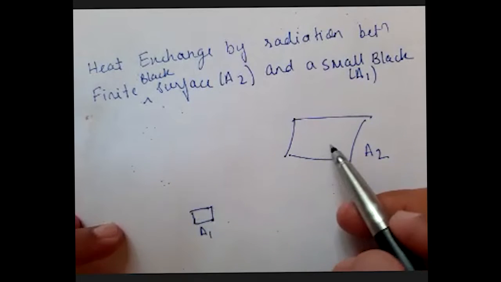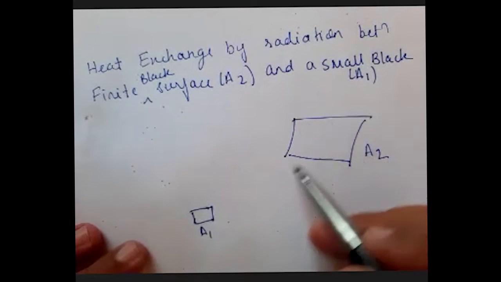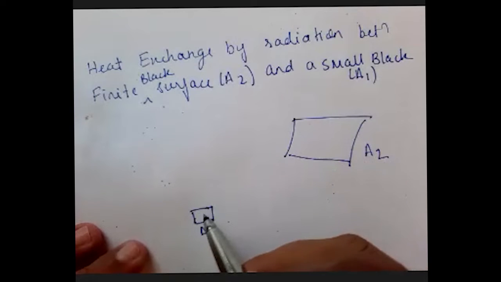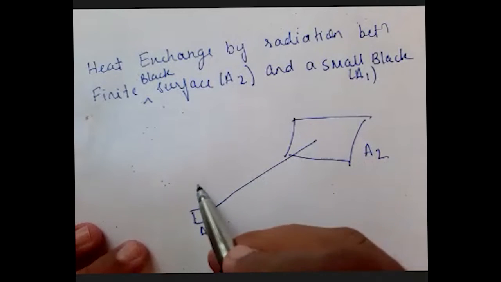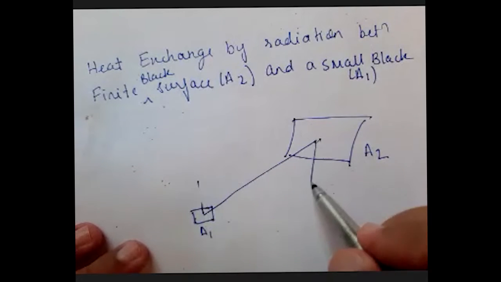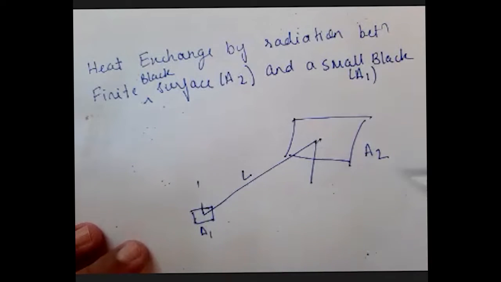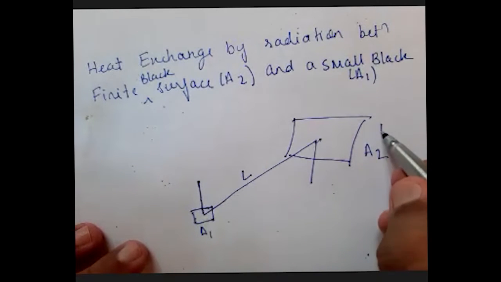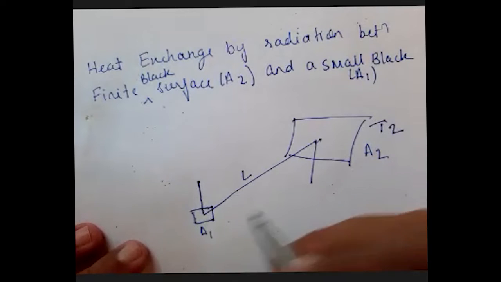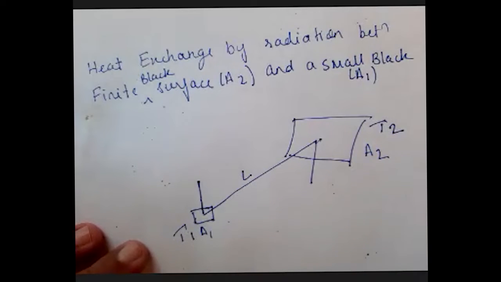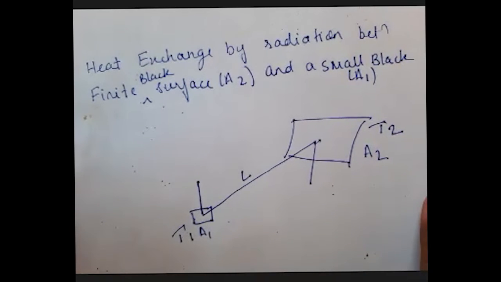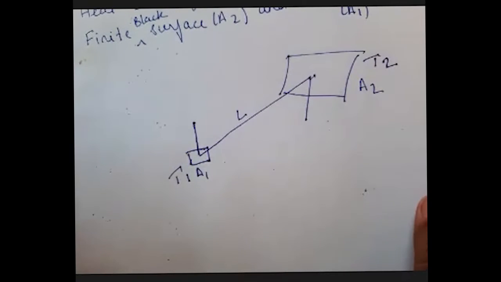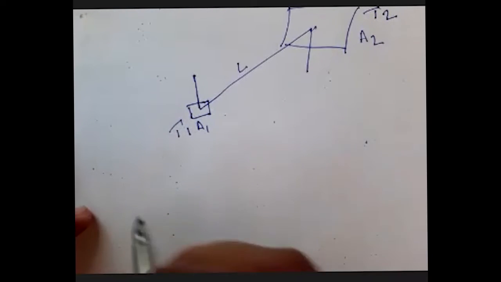When I compare with the finite surface A2, this is very small, and the distance between these two, again I'm going to take as L. This is maintained at temperature T2 and this is maintained at temperature T1. In that case, what will be the heat exchange rate between the surfaces?